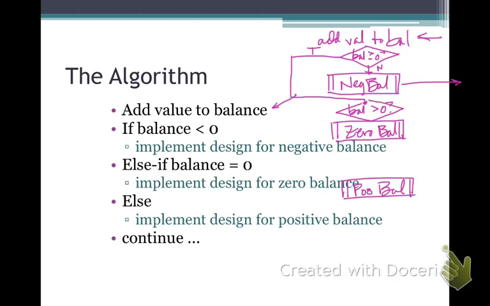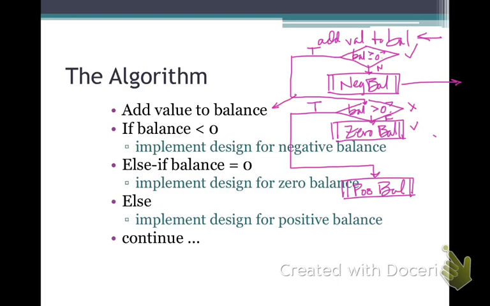So if it's greater than 0, if that's true, I want to go down to the positive balance. But if it's false, it means I know it's greater than or equal to 0, but it's not greater than, therefore it must be 0. But what if this is greater than 0? Then the next thing I'm going to do is go down to my positive balance.